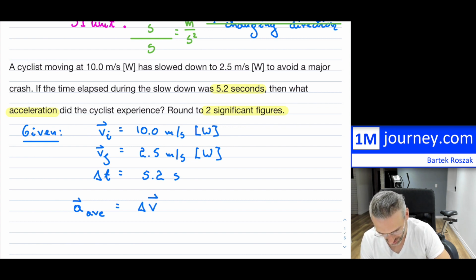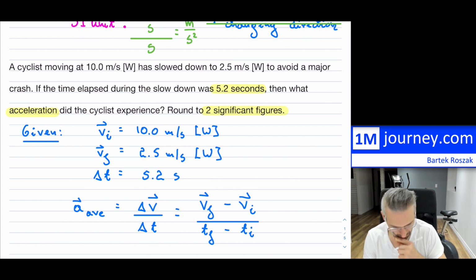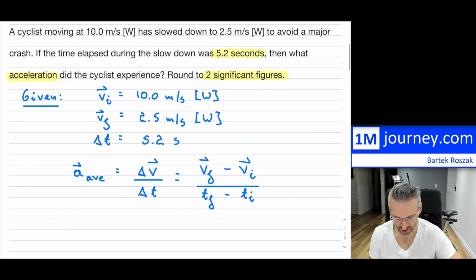This is the change in v over the change in t, which is v final minus v initial, two vectors, divided by your change in time, typically t final minus t initial. But if they give you the whole duration, that can be replaced by delta t, which is just the change in time.